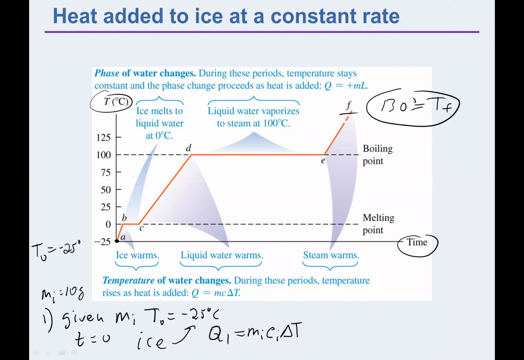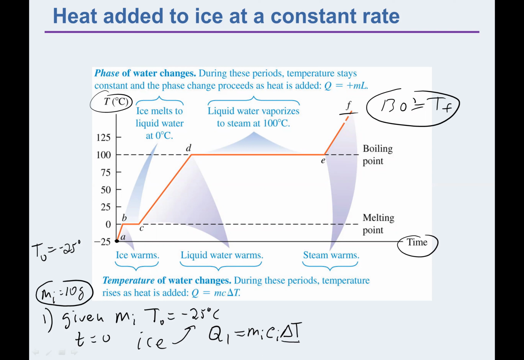We don't have to worry about converting to kilograms for now, because I'm not going to be calculating anything in this particular example. So it's 10 grams of ice cube. Remember, there was a table with the specific heat of ice.